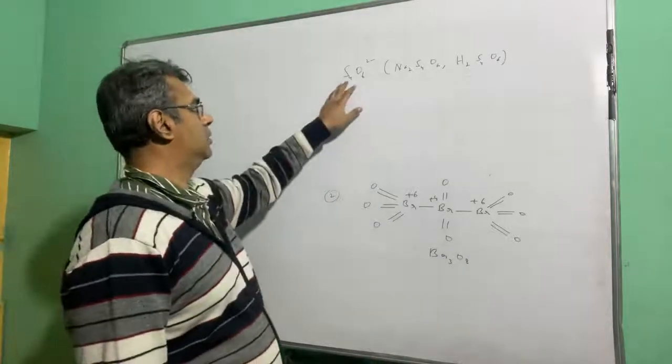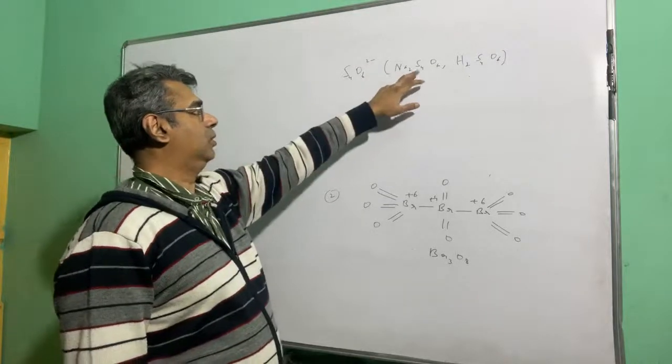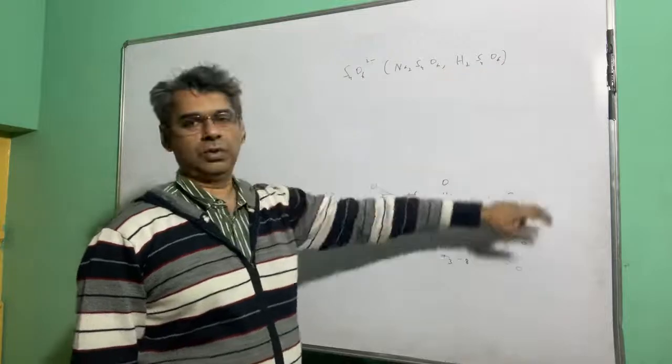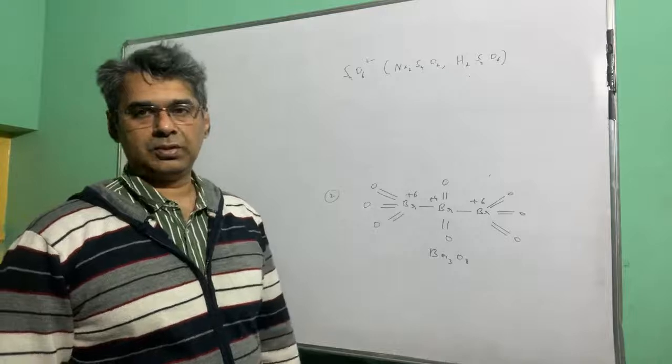Okay, now suppose you consider S4O6 2 minus. So Na2S4O6, H2S4O6, these are some famous compounds which contain this group S4O6 2 minus.